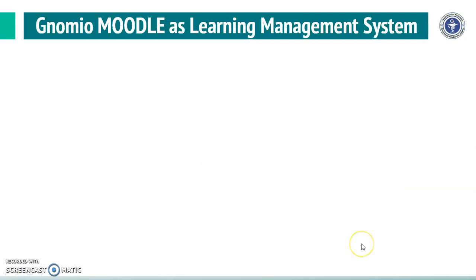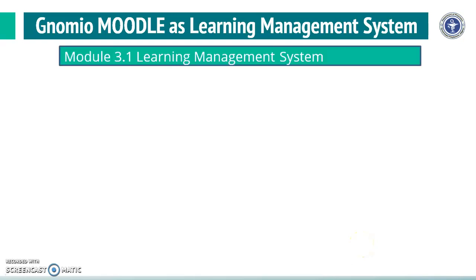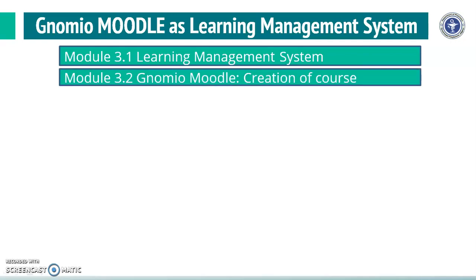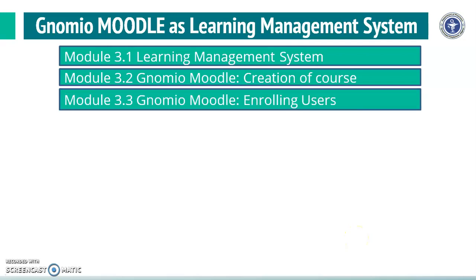In week 3, we have focused on Genomio Moodle as learning management system. In module 3.1, we had the introduction of what is learning management system. We have seen in module 3.2 how to create the Genomio Moodle course.